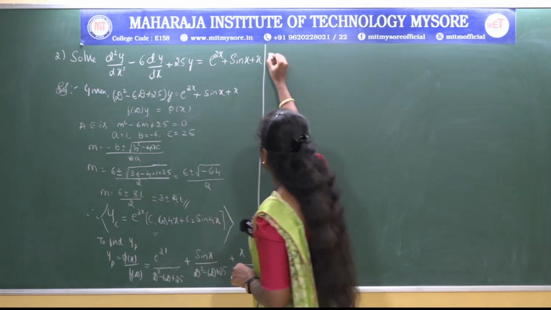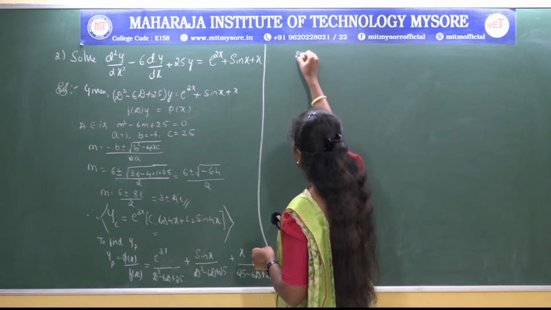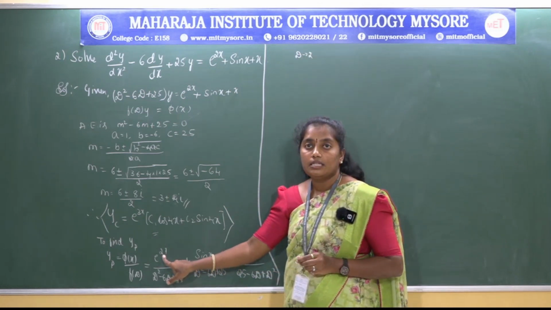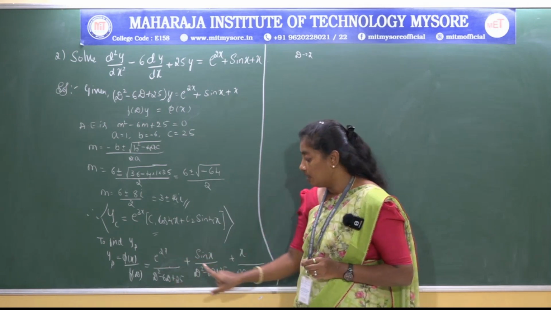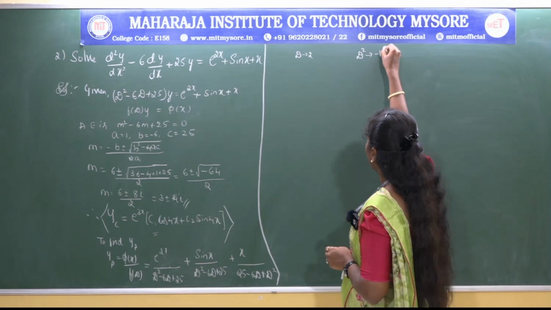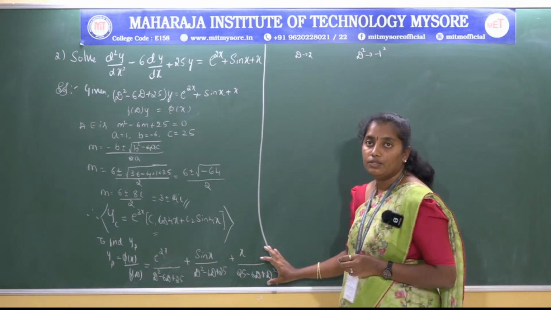So in the first term, that is the exponential term, we have to replace d by 2, since 2 is the constant element here. In the trigonometric function, we have to replace d square by minus 1 square. And in the last term, we have to separately divide these two.